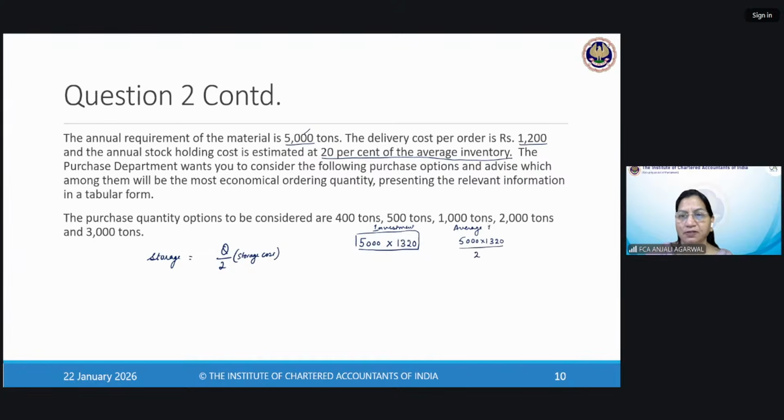So on an average, this will be my investment, right? 5,000 into 1320 by 2. And what will be the storage cost then? 5,000 into 1320 divided by 2 multiplied by 20%. Okay. This is how the storage cost will be calculated.